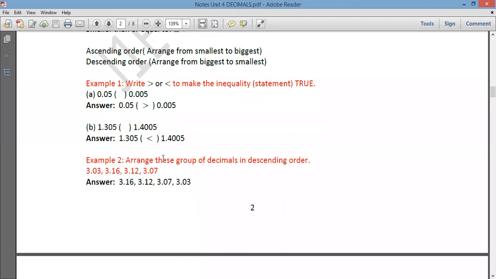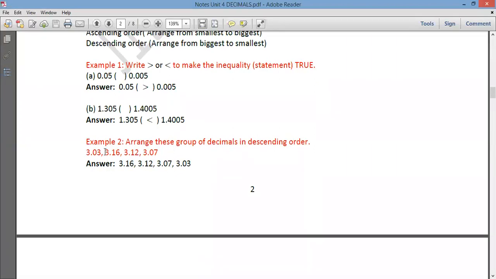Okay, and example 2, arrange the decimals in descending order. Descending order means from the biggest number you arrange to the smallest number. So at this question, for the biggest number, you start from 3.0, 3.1, 3.1.